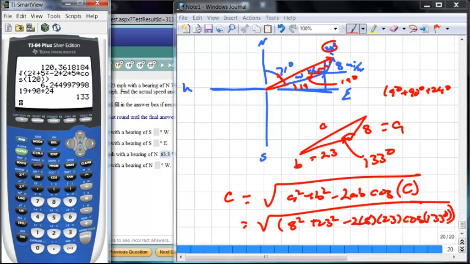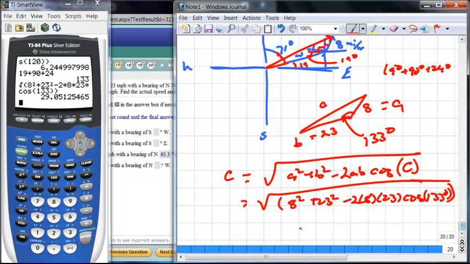That makes a big difference. And this is going to be the magnitude, which is a speed actually in this case, in miles per hour.